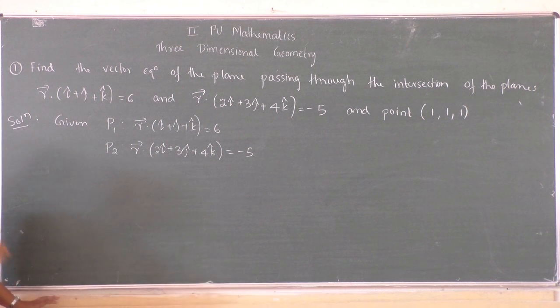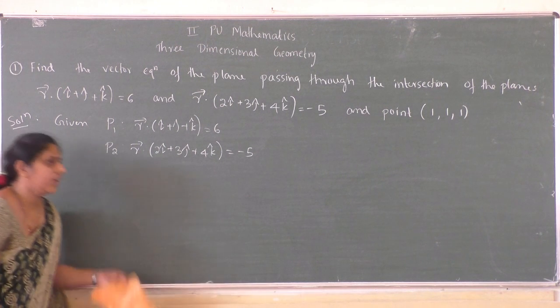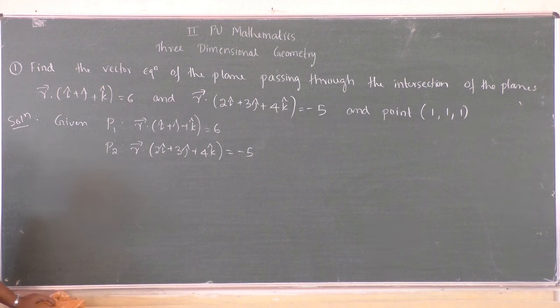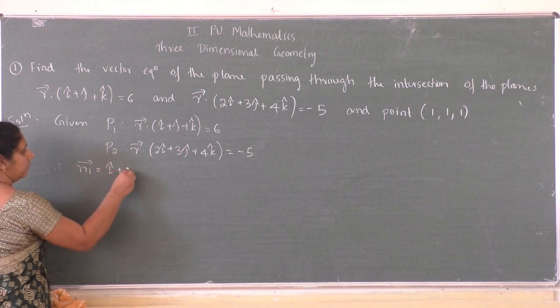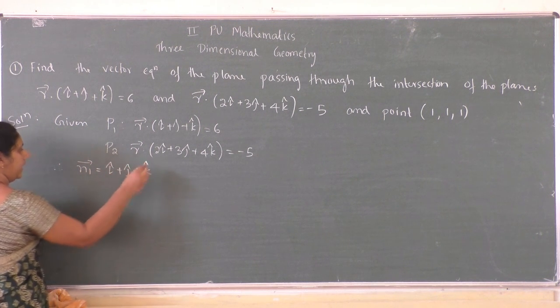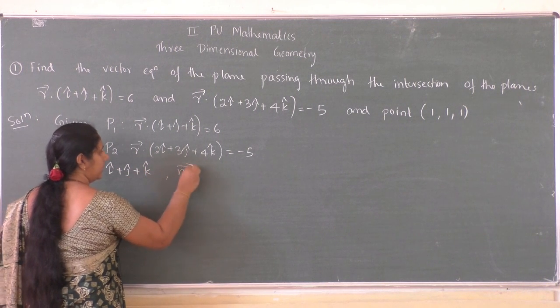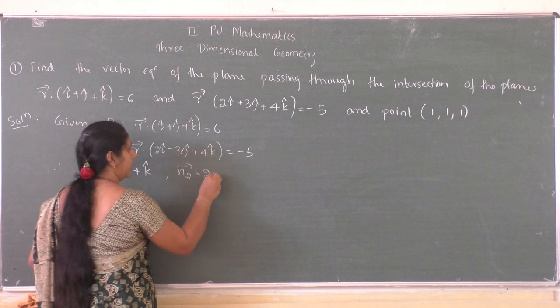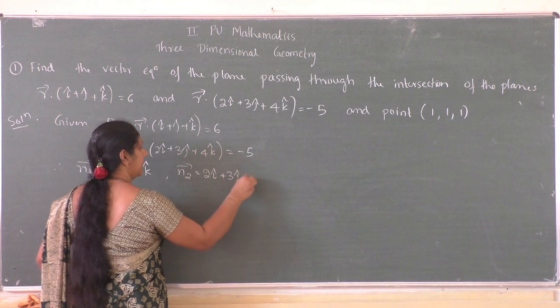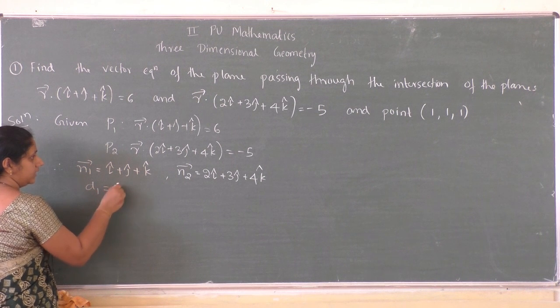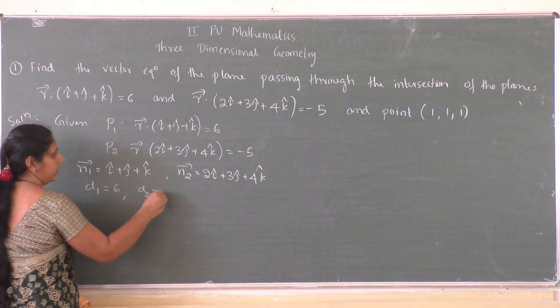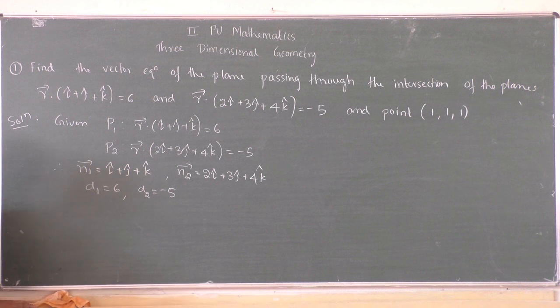So compare these equations with the standard equation, that is r vector dot n1 vector equal to d1 and r vector dot n2 vector equal to d2. Therefore n1 vector is i cap plus j cap plus k cap, n2 vector is 2i cap plus 3j cap plus 4k cap, and d1 is 6 and d2 is -5.